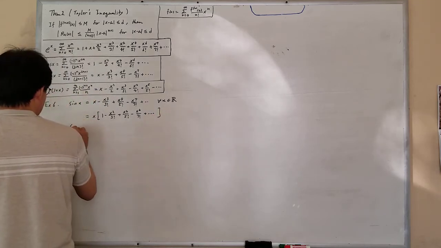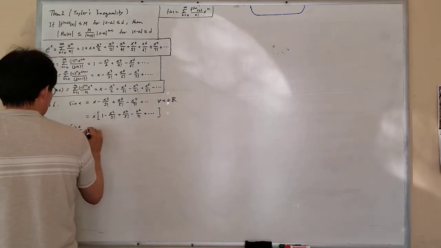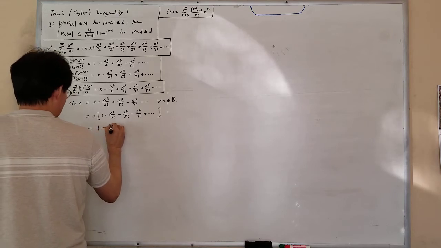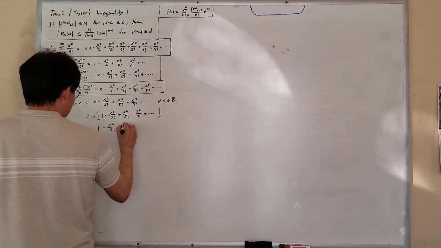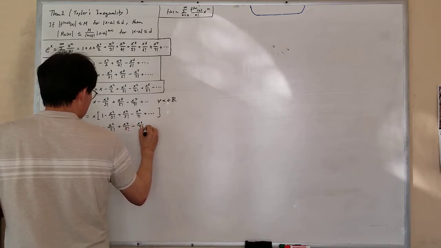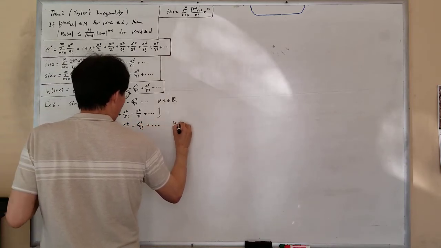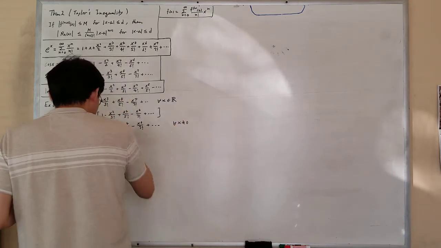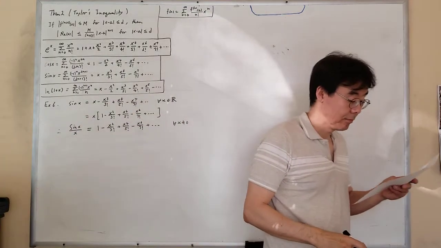Therefore, sine of x over x will be the same as this power series representation, for all x other than 0, because we divide both sides by x.